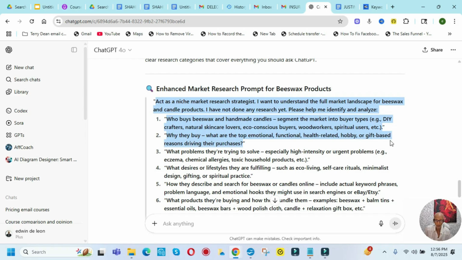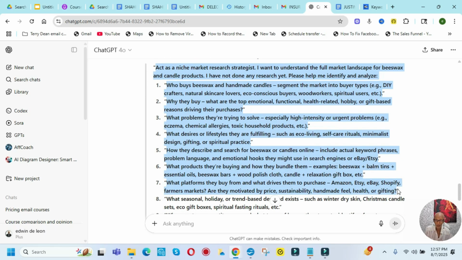Why they buy: what are the top emotional, functional, health-related, hobby, or gift-based reasons driving the purchases. What problems they're trying to solve, especially high-intensity or urgent problems, example, eczema, chemical allergies, toxic household products, etc. What desires or lifestyles are they fulfilling, such as eco-living, self-care rituals, minimalist design, gifting, or spiritual practice.